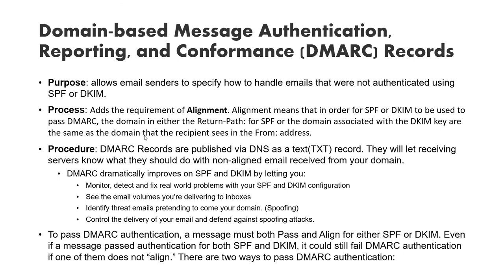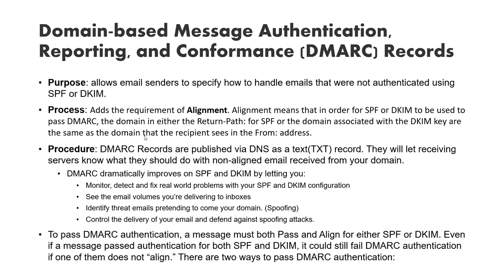So the process adds that requirement of alignment. In order for SPF or DKIM to be used to pass DMARC, the domain in either the return path in the case of SPF, or the domain associated with that key in DKIM, must be the same domain that the recipient sees in the from address. Okay, it's aligning those domains.